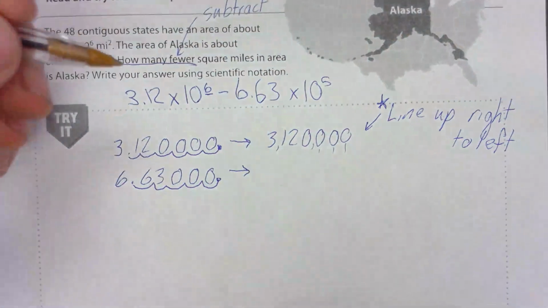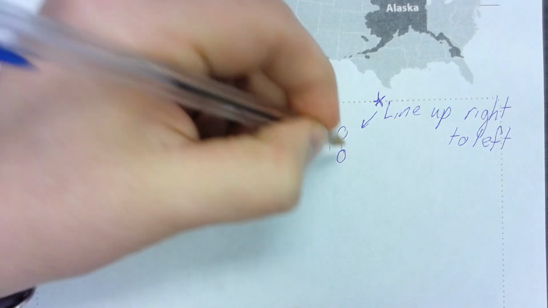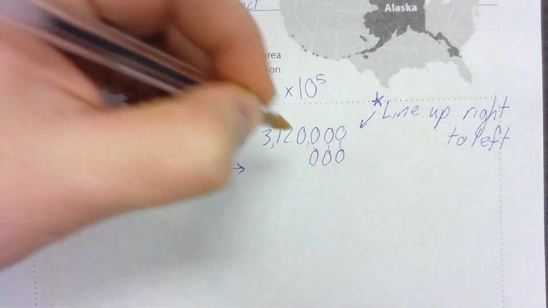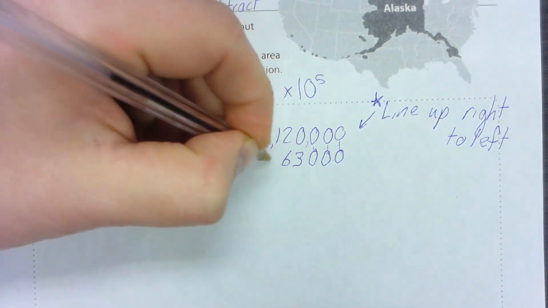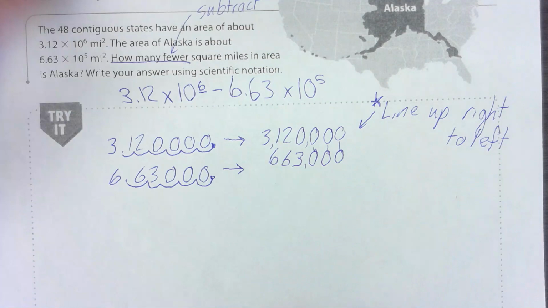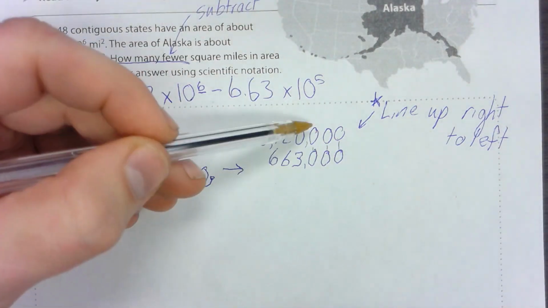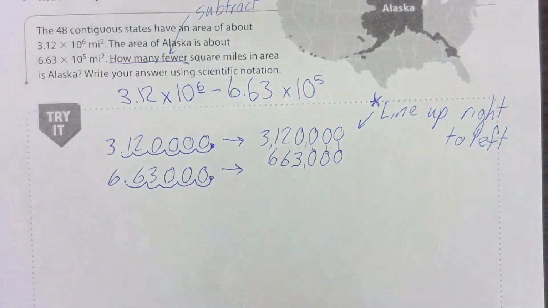When you subtract or add numbers, you've got to line up the place values. Okay, so 0 goes here. 0, 0. Okay, we have 3 zeros, and then a 3, and a 6, and a 6. Do you see how I perfectly lined this stuff up? Okay, my 1s are here, my 10s are here, my 100s are here, thousands, 10,000s, 100,000s.